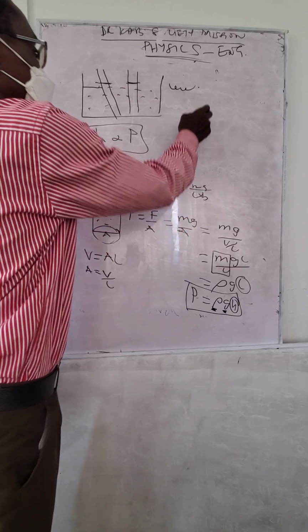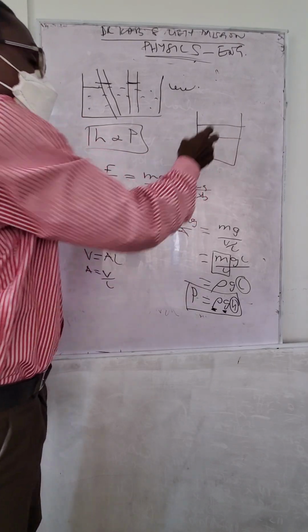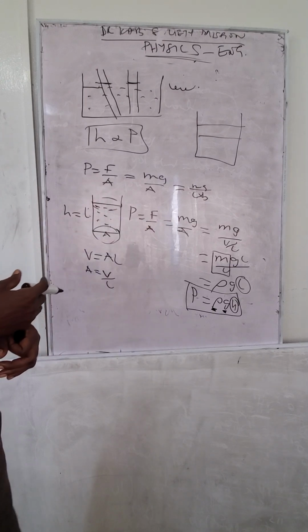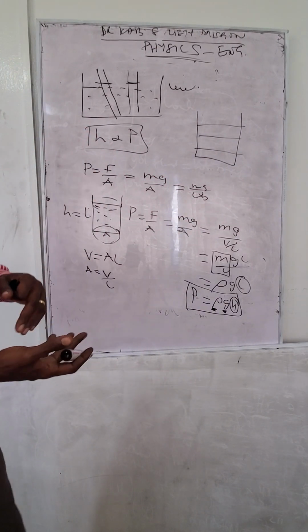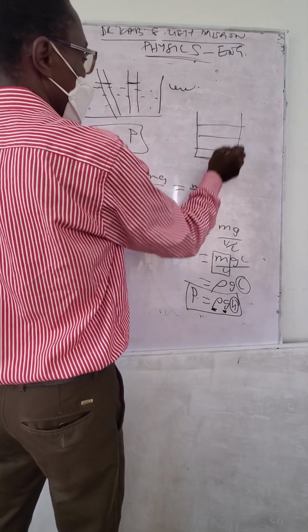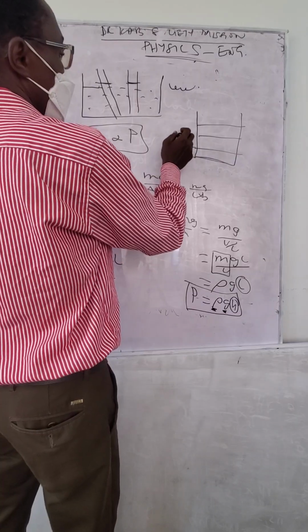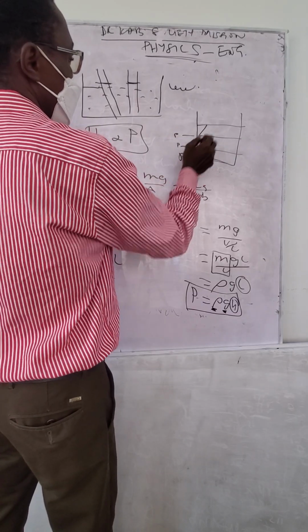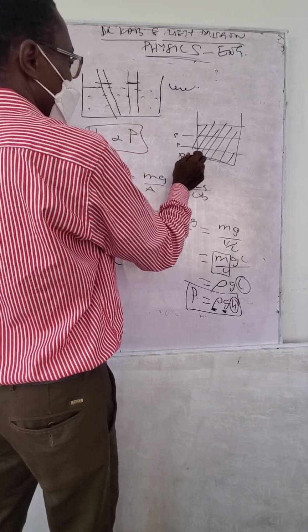So the height, or the depth, will tell the pressure at that column. If I want the pressure here, here, here. See here, the column is this, so the pressure here will be greater.